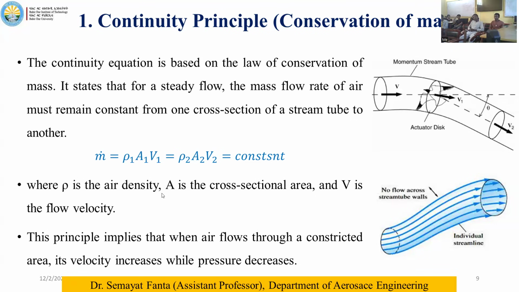This principle implies that when air flows through a constricted area having variable sections, there is velocity at point 1, point 2, and point 3. So we can say rho 1 A1 V1 is equal to rho 2 A2 V2, and that is constant. That is what we call the continuity principle, or conservation of mass.